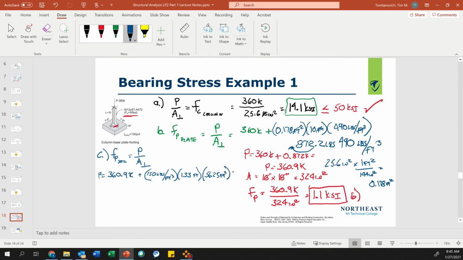All right, and then we have to divide that whole answer by 1,000 to get it back into kips. So 150 times 1.33 times 56.25. Is that right? Let me try that again. 150 times 1.33 times 56.25.